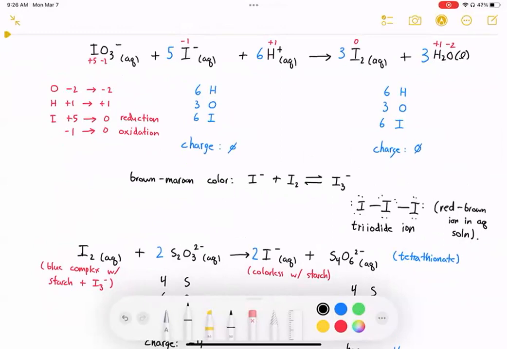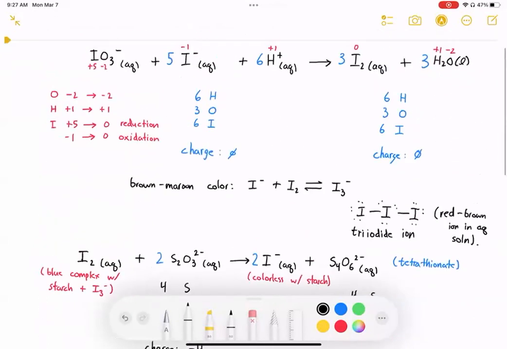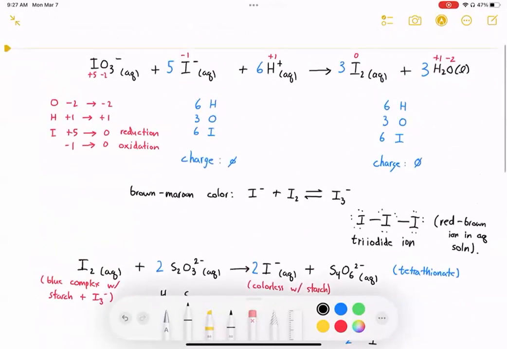So there's a couple things you can do. You can convert it to moles of iodide using the balanced chemical equation, or you can just convert it to iodine, since iodine is what's being formed, as our limiting kind of reactant for the second step. We can just do that. So we notice that for every 3 moles of iodine, we get 1 mole of iodate from our first balanced chemical equation up there.